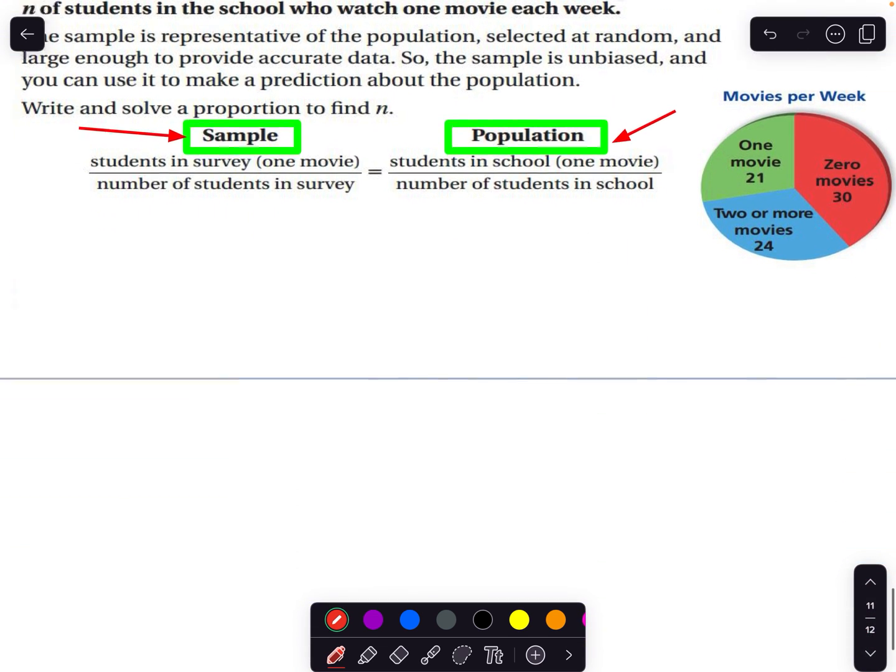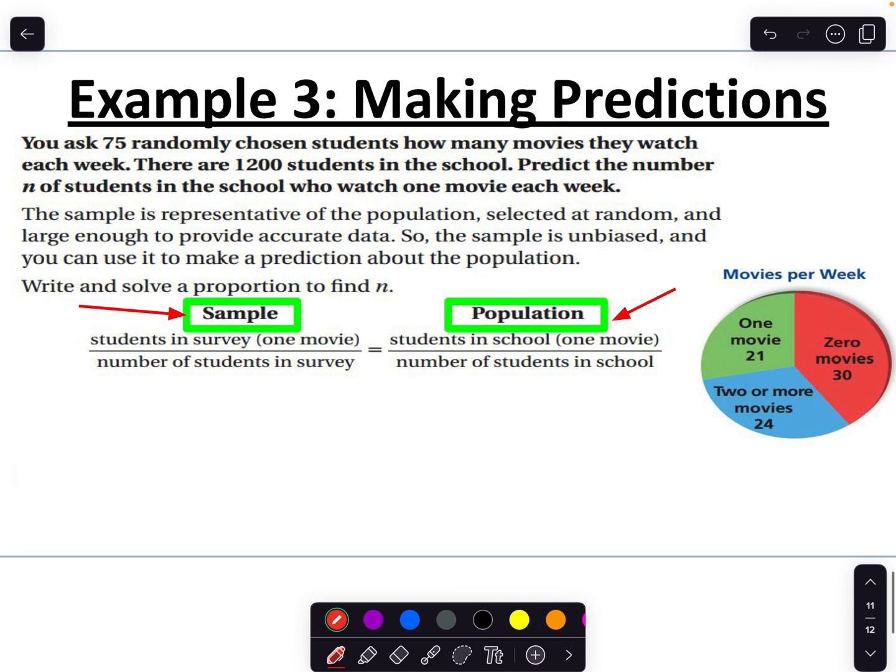Okay, down here, last question. We can use samples and populations and all this to make predictions using proportions, which we've already focused on this year. So this says you ask 75 randomly chosen students how many movies they watch each week. There are 1,200 students in the school, so we have to predict the number of students who watch one movie a week.